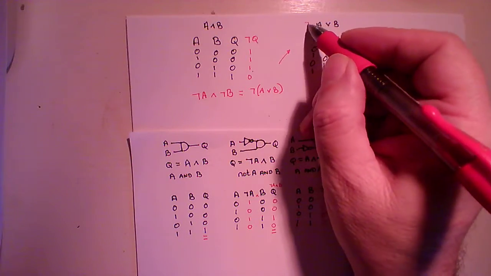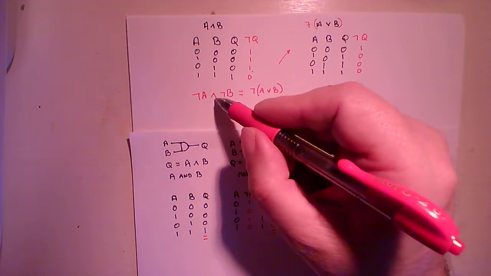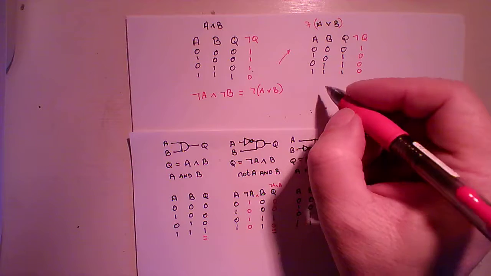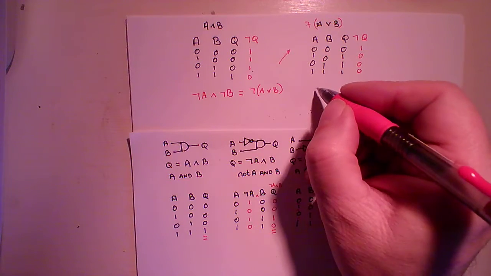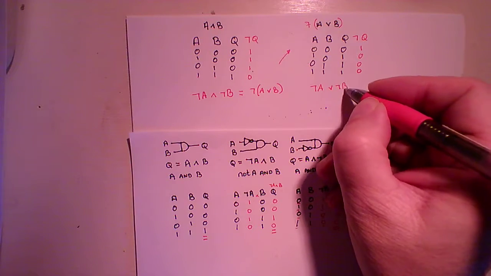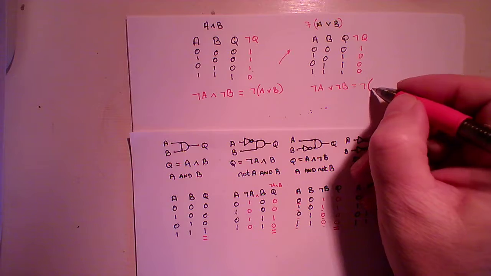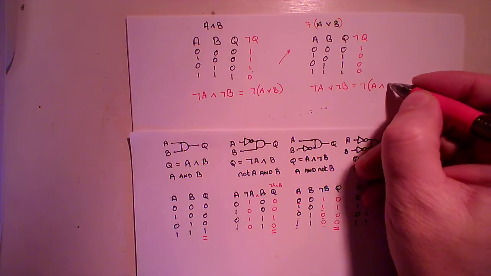If I put the not there, I'm ending up with an AND version, and the same happens on this side. If I've got not A or not B, that is the same as saying not A and B.